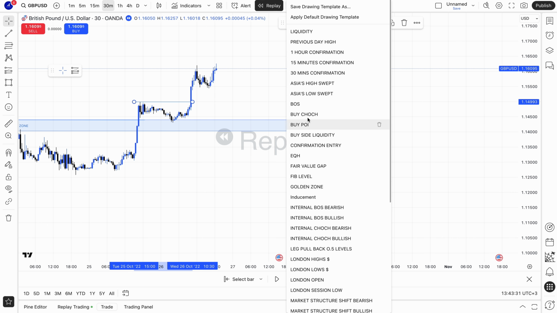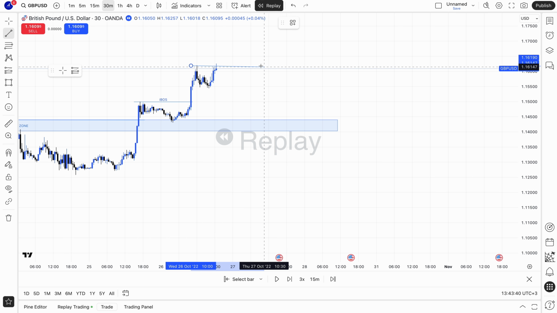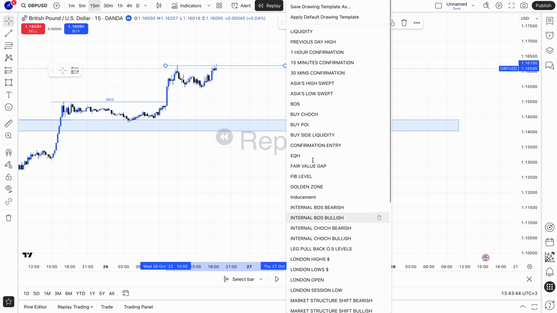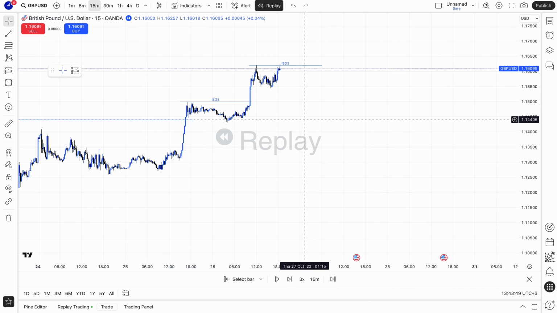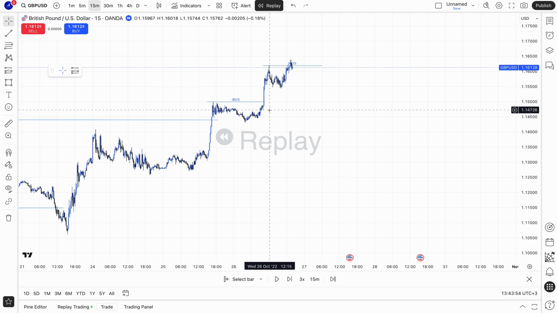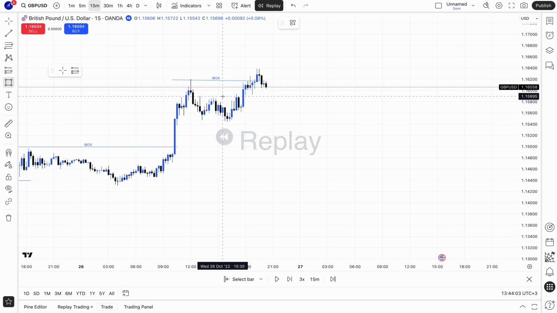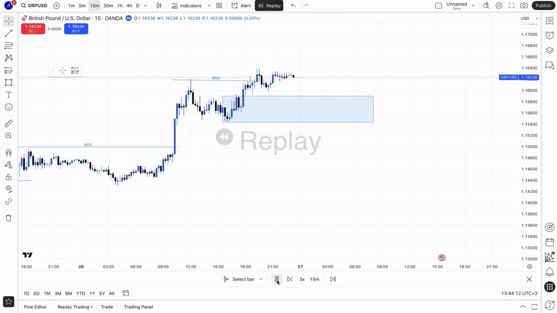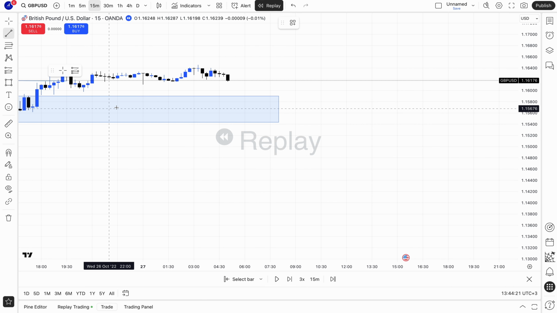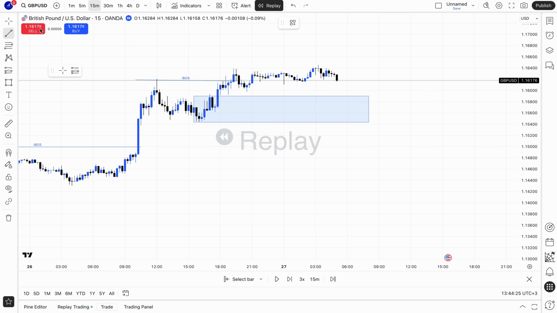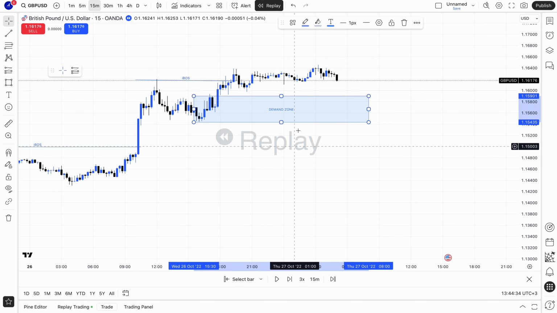This breaker block is just a disrespected supply. We have our continuation. Demand zone.